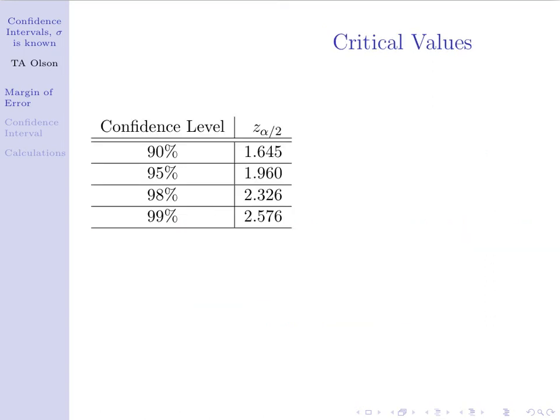All right, so here's a pretty standard table of our critical values. For a 90% confidence level, our Z alpha over 2 is 1.645. So positive Z 1.645, negative Z 1.645, about 90% is going to be in there.